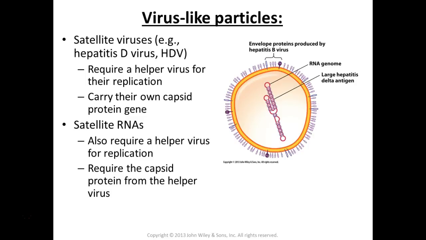And then the hepatitis D virus, that satellite virus that's found inside of hepatitis B. And then other satellite RNAs that don't even encode their own protein coat, rely on a helper virus. These are found in both plants and animals, the satellite viruses. And the satellite RNA is mostly just plants.